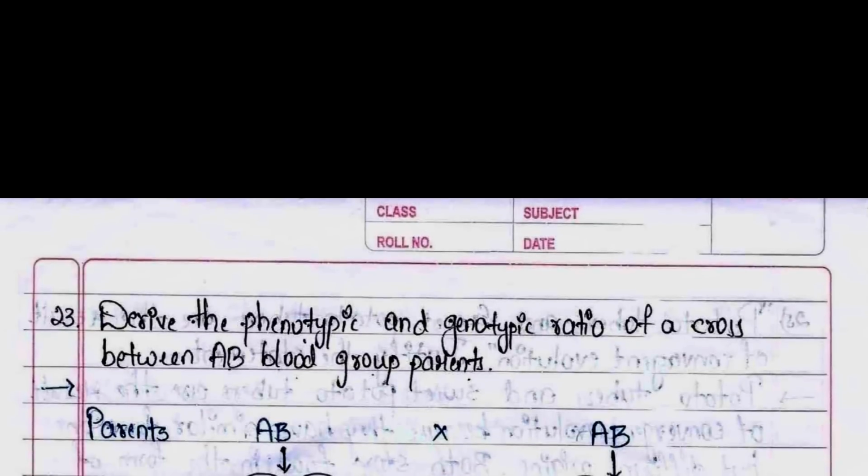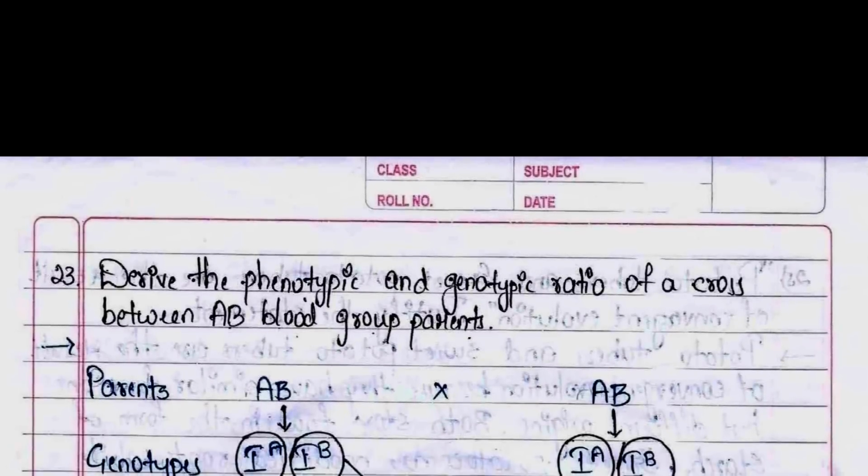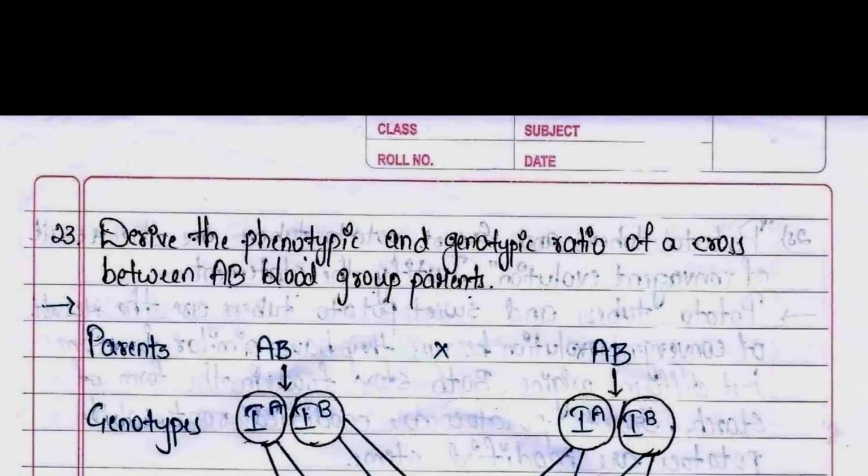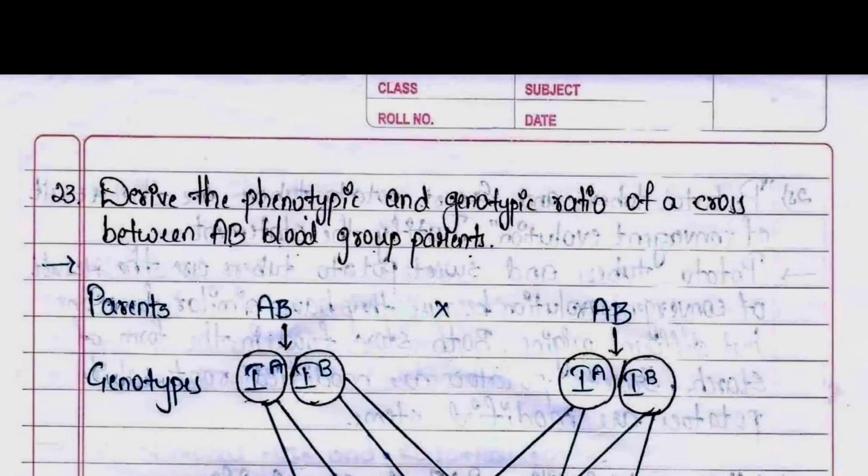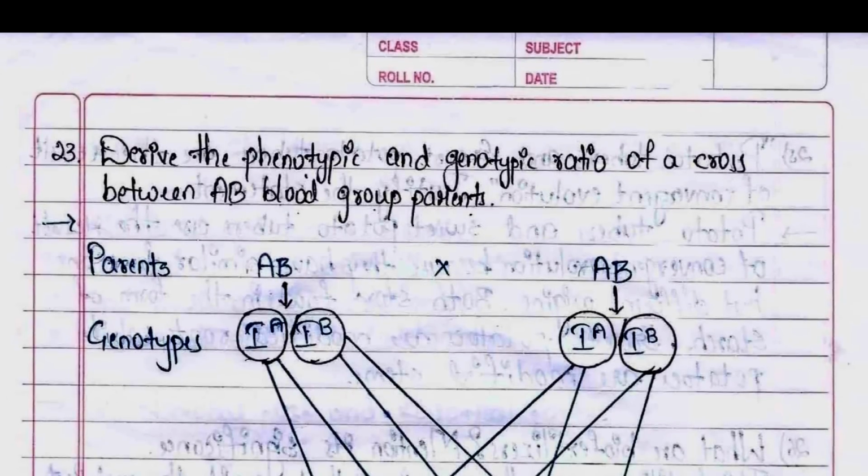Third, derive the phenotypic and genotypic ratio of a cross between AB blood group and AB blood group parents, and the answer is below.